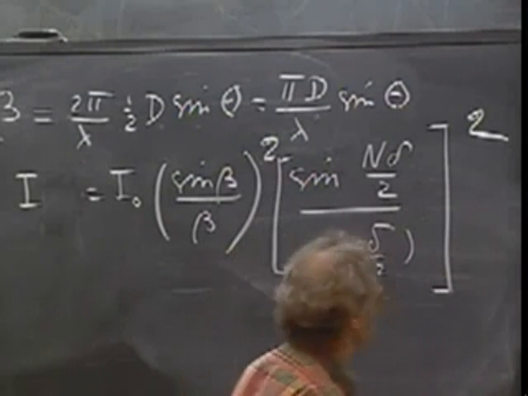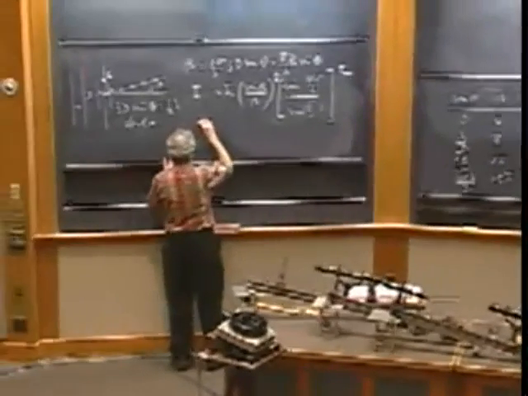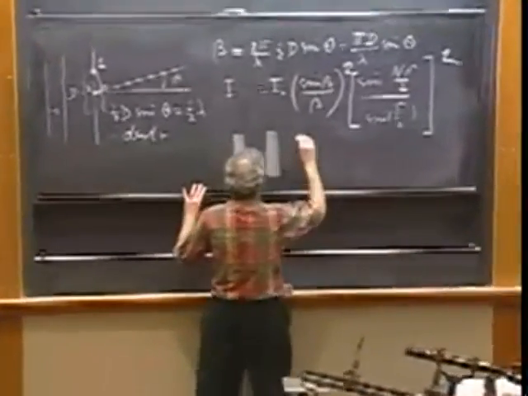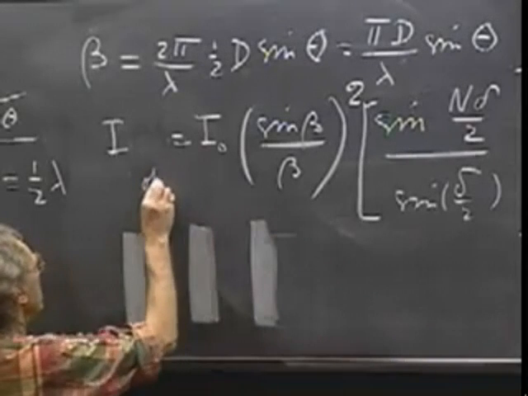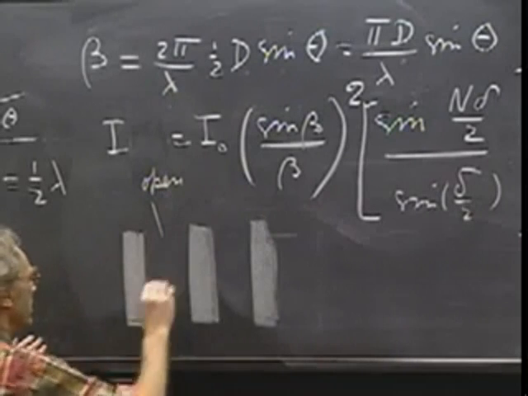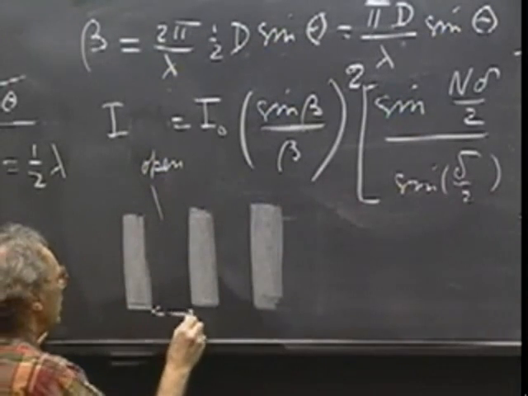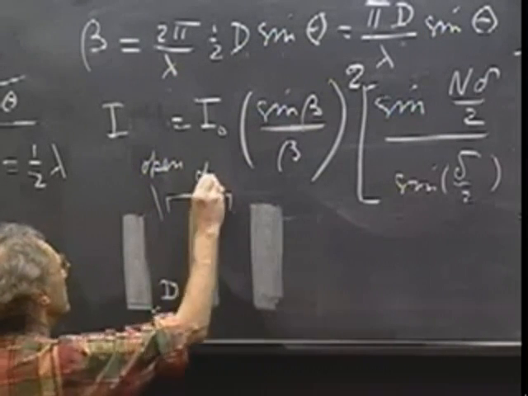So to make sure that you understand the difference between the two Ds, if this is my grating, and this is the open area, and this is, say, where the light cannot go through, then the definition of little d is this, and the definition of capital D is this.